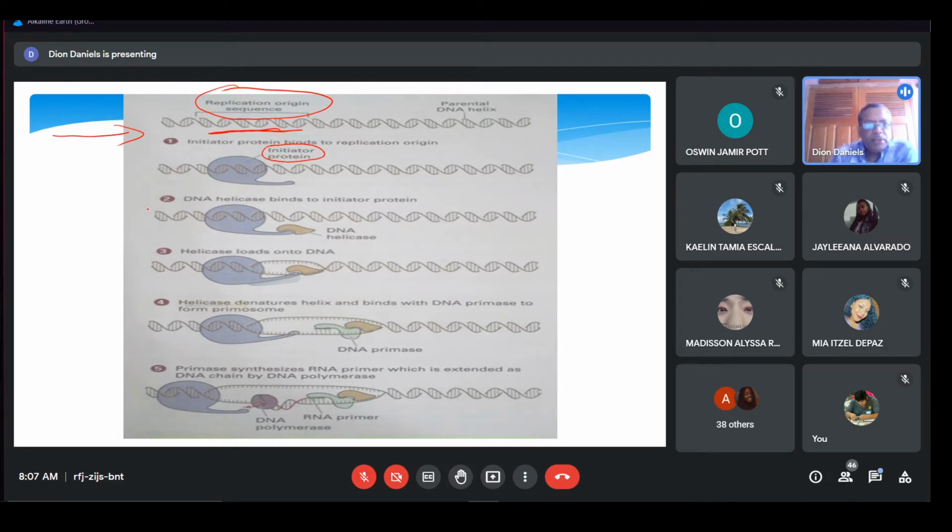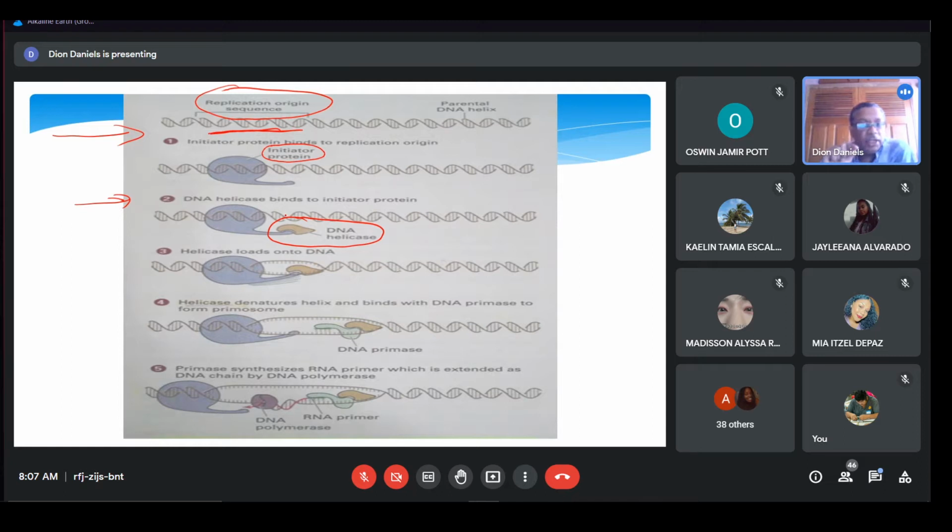The next step is you have DNA helicase binds to the initiator protein. All right, right there. So the DNA helicase binds to the initiator protein. So remember that the initiator protein helps to recognize the origin of replication, and it attaches itself right there to the origin of replication.